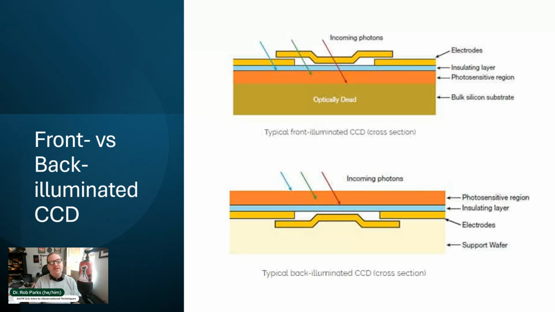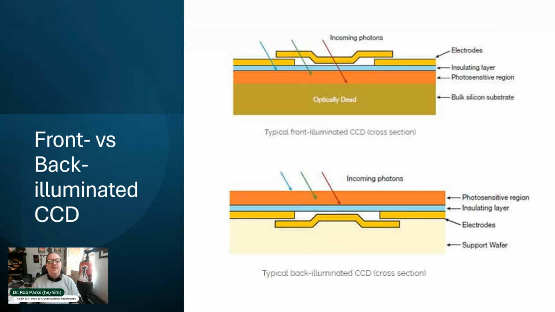You have what is known as front illuminated and back illuminated. And as the names would imply, that indicates in which direction the incoming photons come from. Do the incoming photons come in from the front, meaning they pass through the electrodes first and then hit the photosensitive region, or do they go through the back? With a back illuminated CCD, you no longer have that silicon substrate, and so the first thing the photons hit is that photosensitive region, and I'll talk about the benefits of that later on.